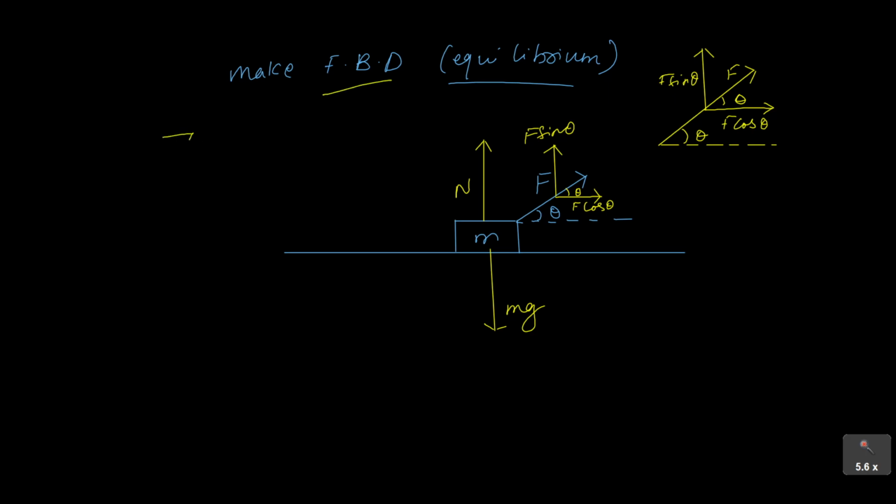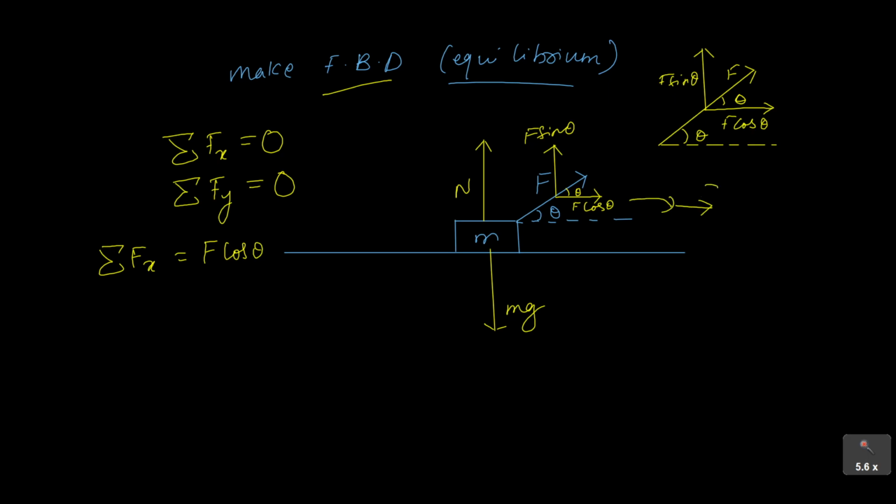So still the body is at equilibrium. We can consider the summation of force in x direction will be 0, and the summation of force in y direction will also be 0. In x direction, what force do you see? In x direction, we see one force, which is F cos theta.